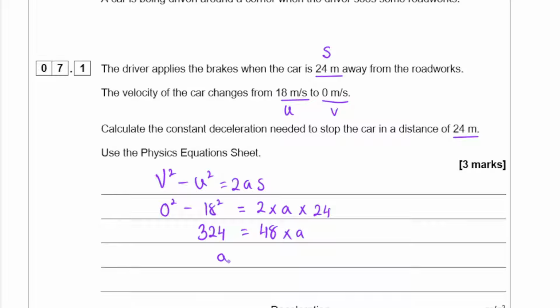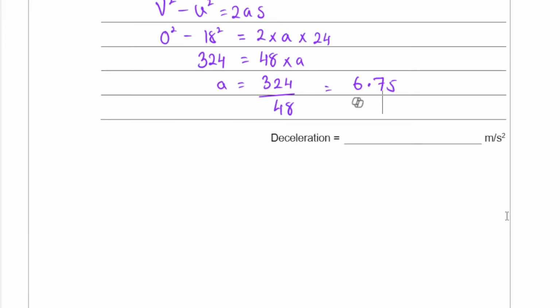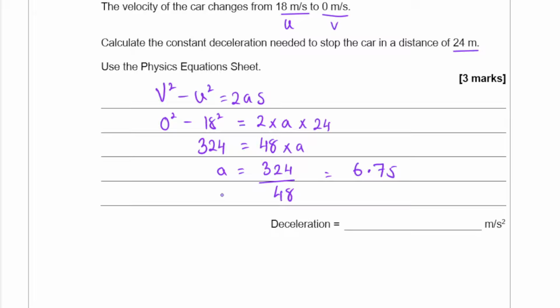So rearranging it, a equals 324 divided by 48. That will give me 6.75. Now what happens to this negative value? That is actually still carried over. Because it's decelerating, it should have a negative value. So it will be minus 6.75.